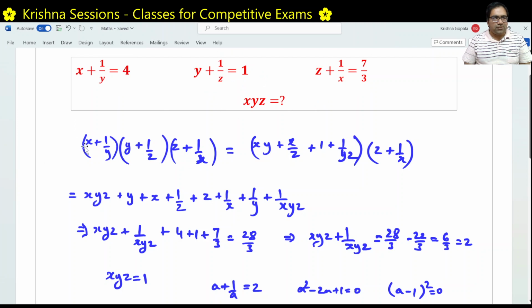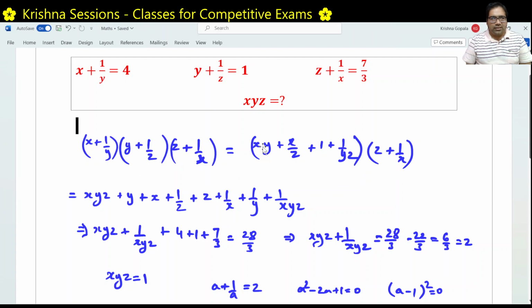First two terms will multiply: xy plus x into 1 by z, right? Plus 1 by y into y, which is 1. 1 by y times 1 by z, which is 1 by yz. These two are done, into z plus 1 by x.